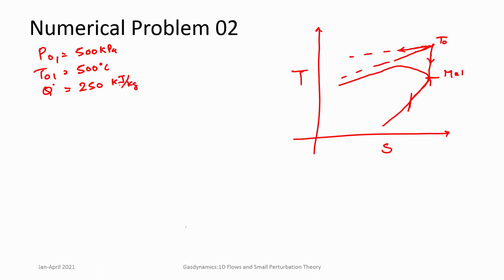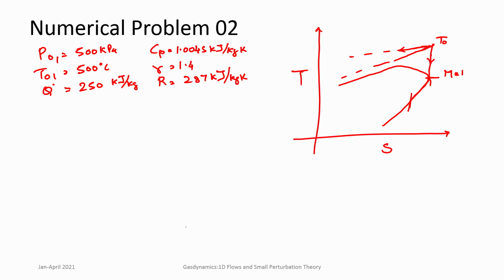Cp is 1.0045 kilojoules per kg Kelvin, gamma is 1.4, and R is 287 per kg Kelvin.